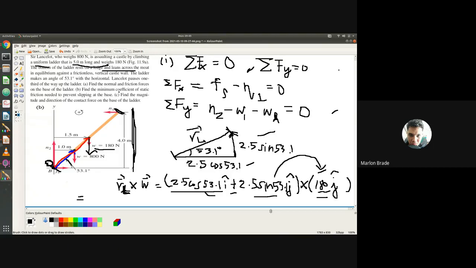Pila ang cross product sa 2.5 sin 53.1 j hat cross sa 180 j hat? Pila man na?